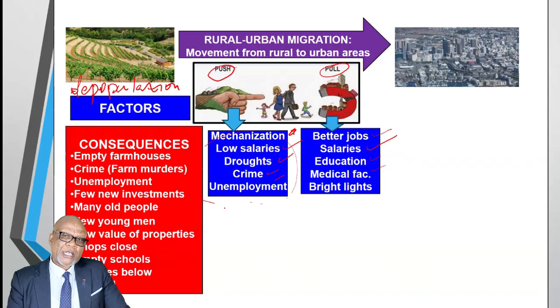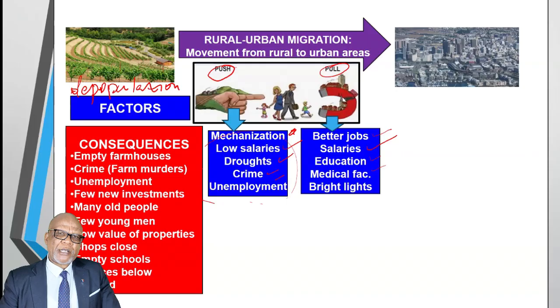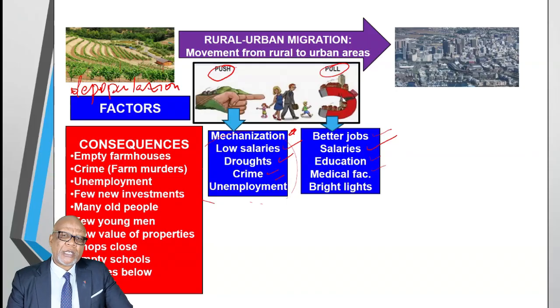So it's going to result in an imbalance in the age and sex structure of rural settlements. There's going to be more elderly people and young people, and more females left behind than males, because males are usually the ones who go to provide for the families.